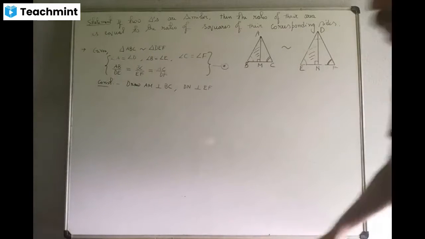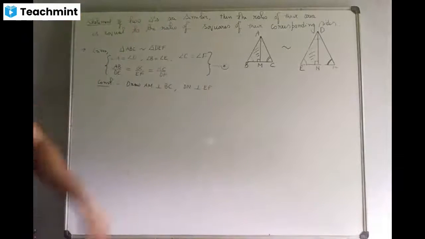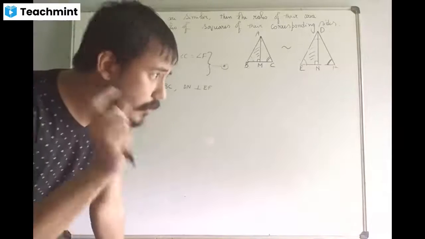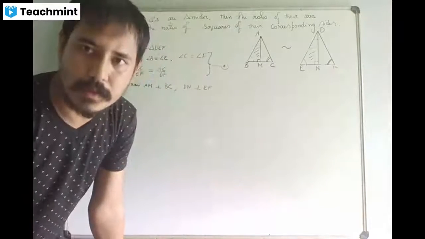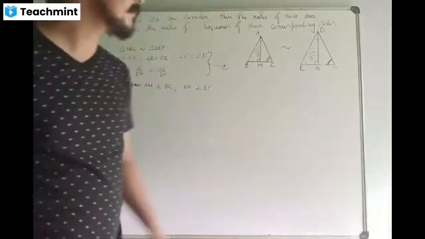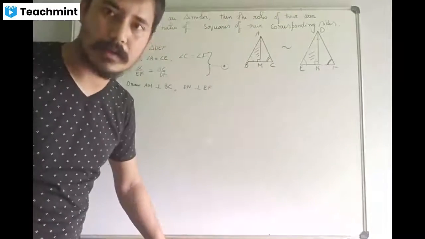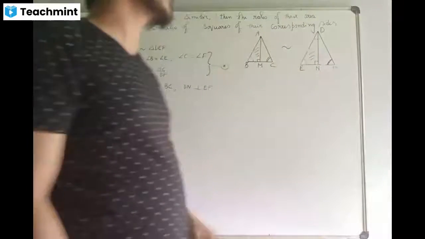Already the bigger two triangles ABC and DEF are similar, but we have no information about the smaller ones. So we need to check whether the two smaller triangles are similar. Let's check ABM and DEN whether they are similar.